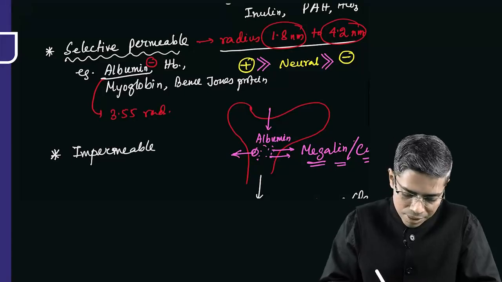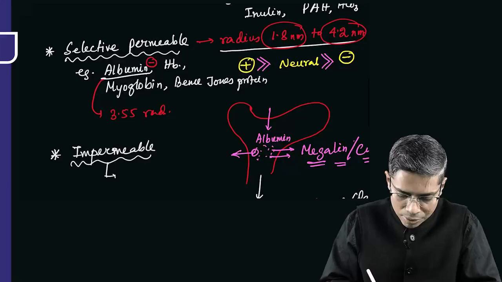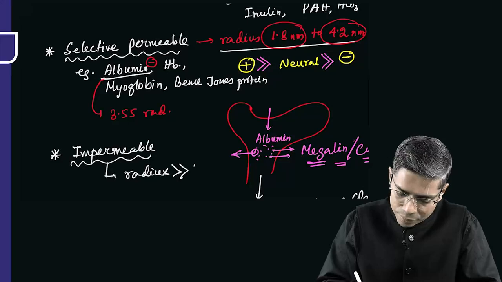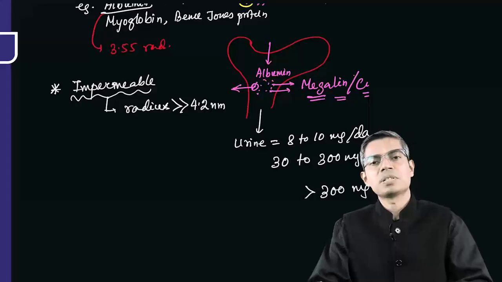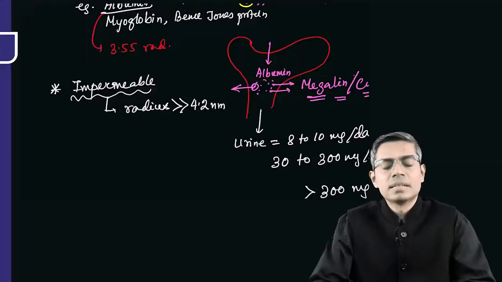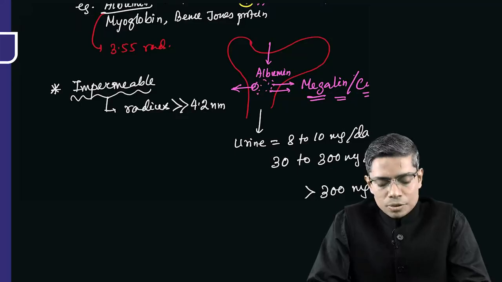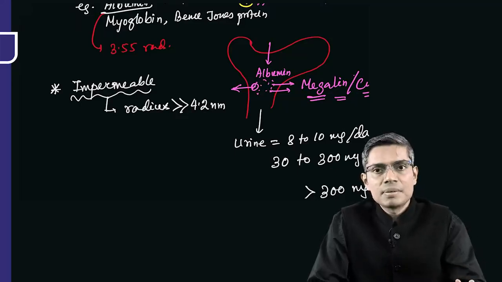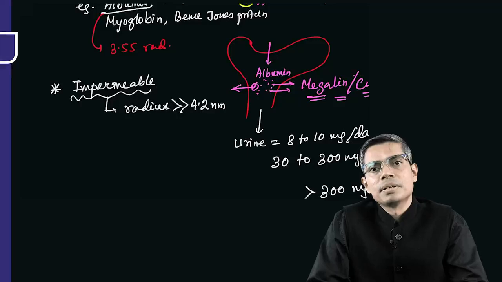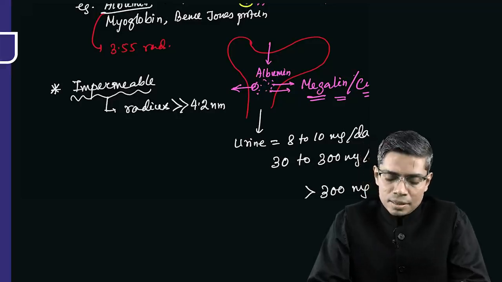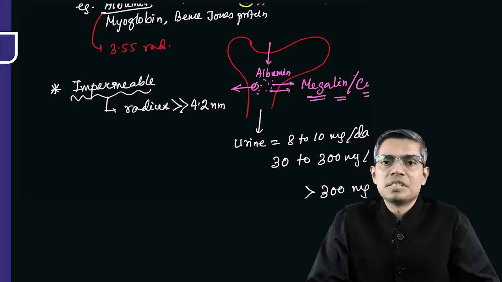Impermeable substances means no filtration is possible if the molecular radius is greater than 4.2 nanometer. So there are three groups of substances: freely filterable, selective permeable, and impermeable, depending on the molecular radius. This you have to remember at the beginning of this GFR.